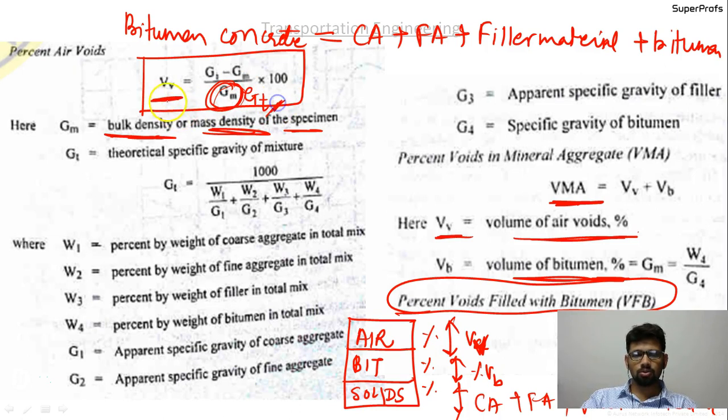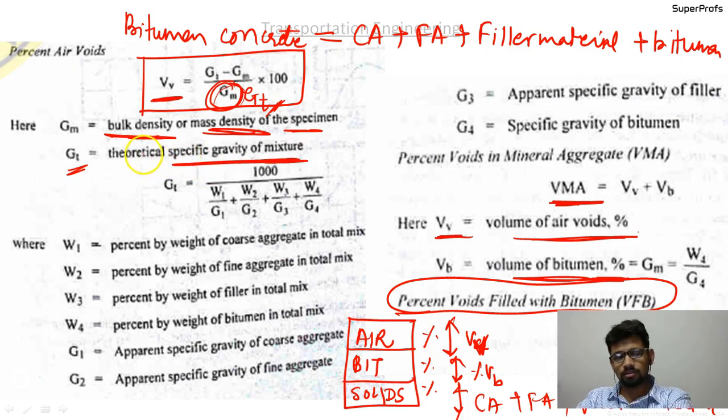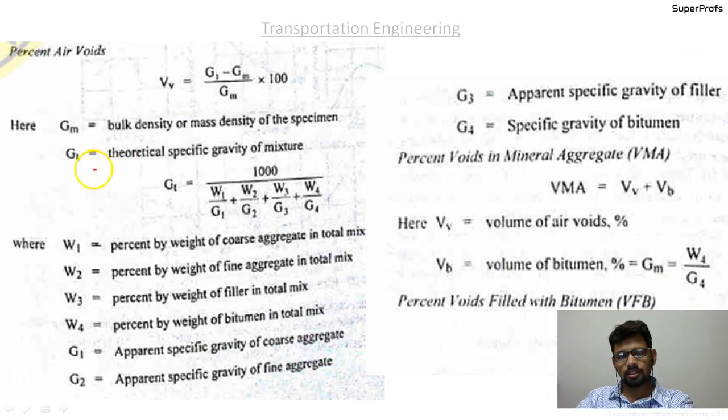So VV, the volume of air voids in percentage, equals (GT minus GM) upon GT into 100, where GM and GT are the specific gravities. GT is the theoretical specific gravity of the mixture.